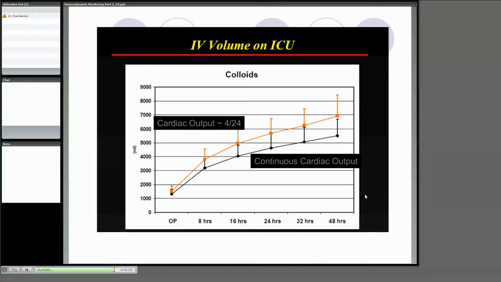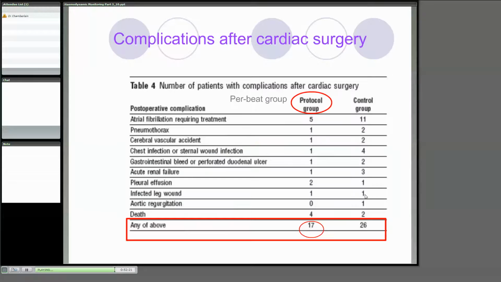And as far as giving them colloids, which tend to be expensive colloids, not just starch ones, you can see that they give less fluid to those that have continuous cardiac output. It's more precise filling, so that's good.